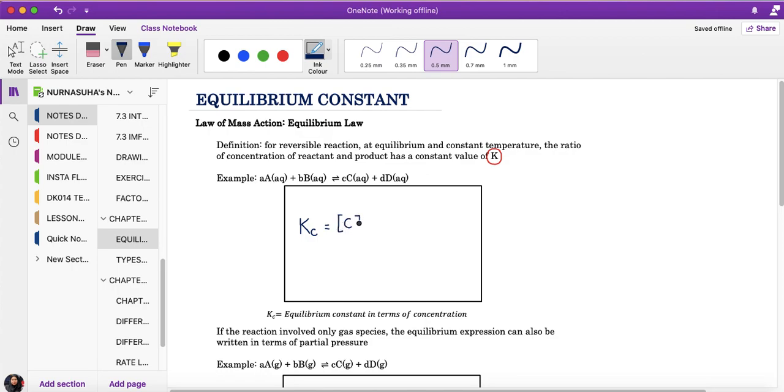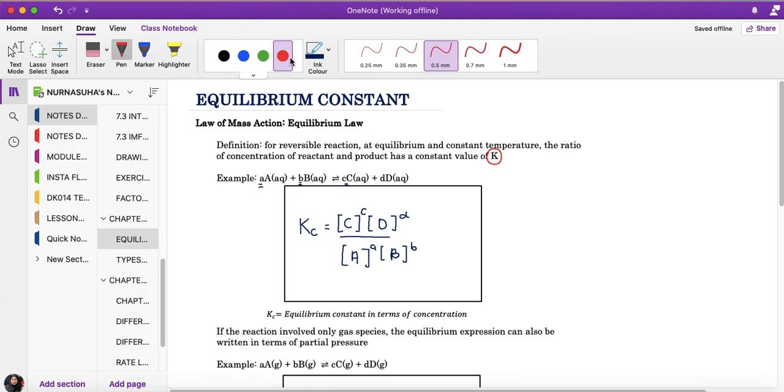Produk awak C dengan D tau. Divide by concentration of reactant which is A and B. So you have to put yang kecil-kecil depan ni adalah dia punya stoichiometry. So you akan jadikan dia sebagai power. C to the power of c, D to the power of d, A to the power of small a, B to the power of small b.